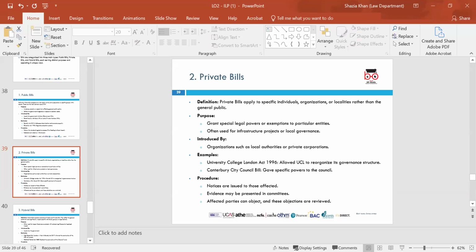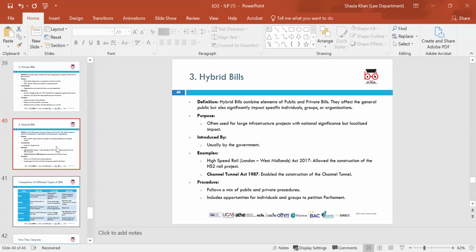The purpose is to grant special legal powers or exemptions, and they are introduced by organisations such as a local authority. An example was the University College London Act 1996 to reorganise the governance structure, and the Canterbury City Council Bill. Procedure: notices are issued to those affected, evidence is presented in a committee, and affected parties can object here.